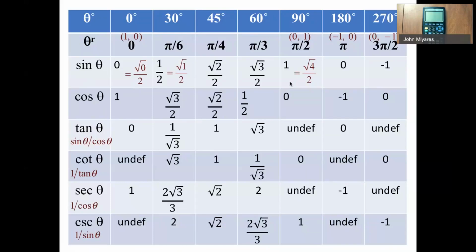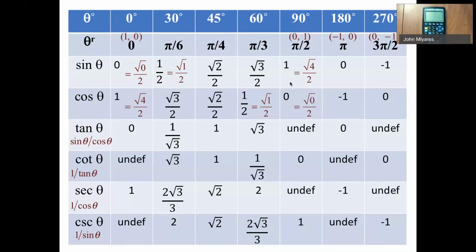Now, cosine works backwards. You're starting out with root 4 over 2, then root 3 over 2, then root 2 over 2, then 1/2 becomes root 1 over 2, and then cosine of 90, which is 0, can become root 0 over 2.